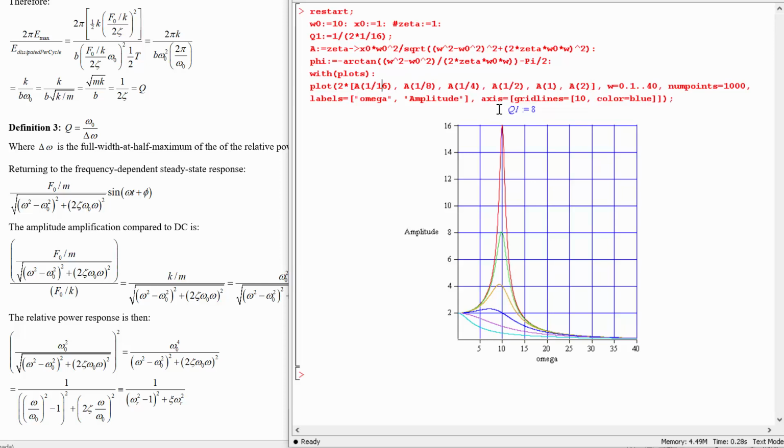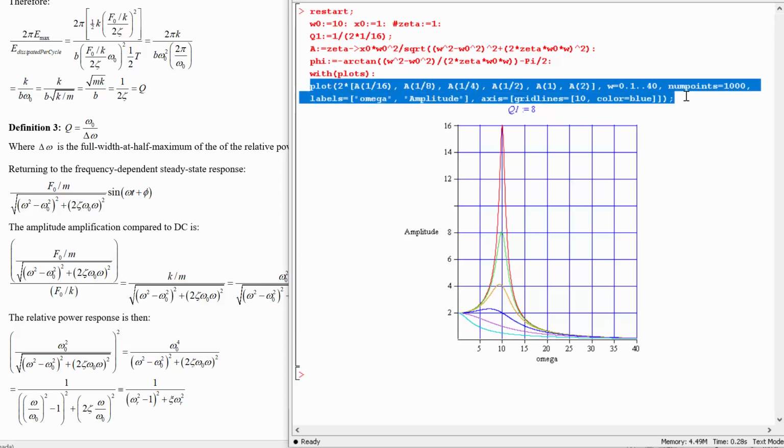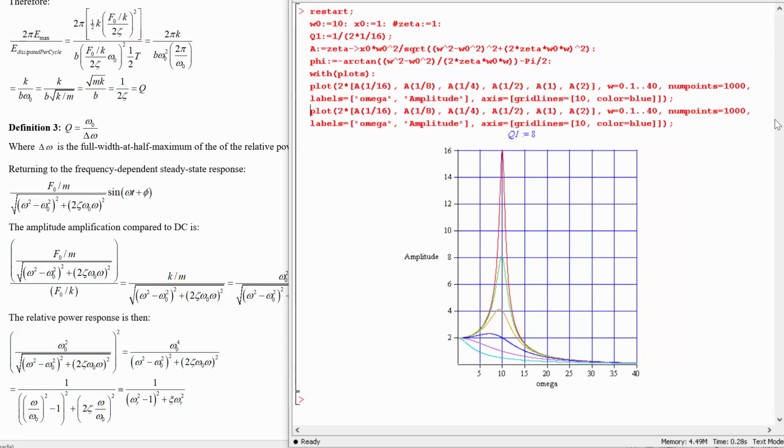So rather than amplitude, let's get another plot here. Let's plot, I wonder how to do this conveniently. Maybe we'll just say that we want to plot, okay, let's save that thing, and we'll call this one, maybe we'll do P at a 16th, at an 1/8, P at a quarter, P at a half, P at 1, and P at 2.